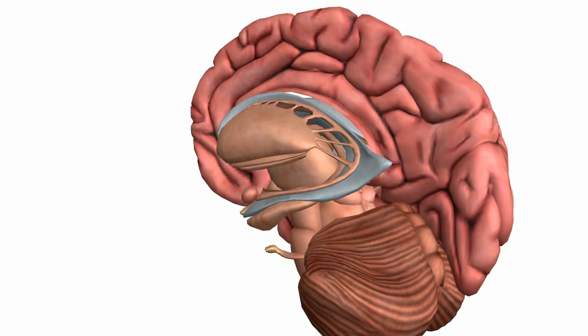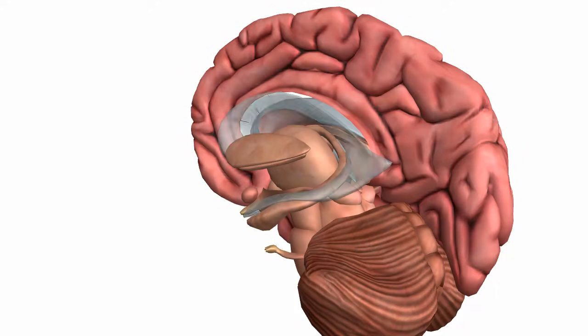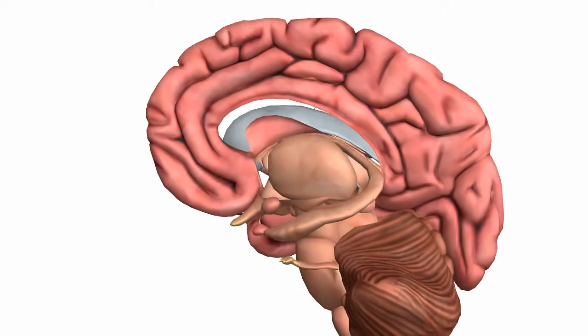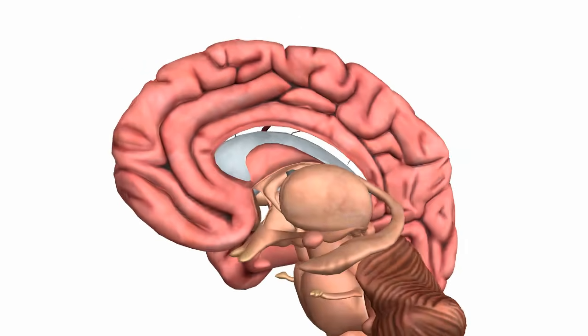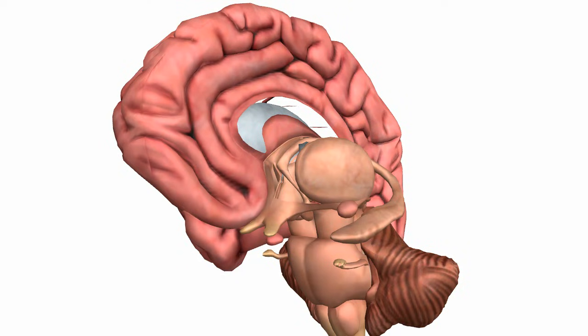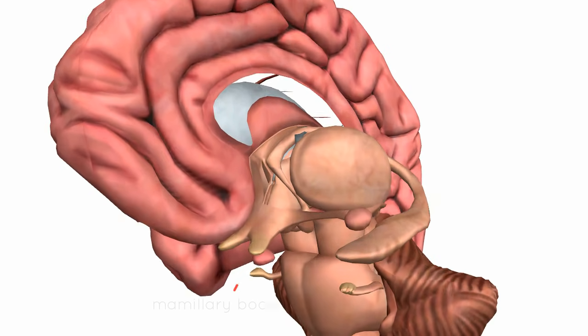So if I just remove the basal ganglia and the lateral ventricle, the fornix runs up like this, you can see it here, and you've got the mammillary bodies down here.